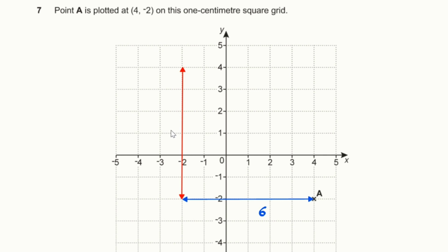So we've got 6 over here. And then what we'd end up forming is a square.